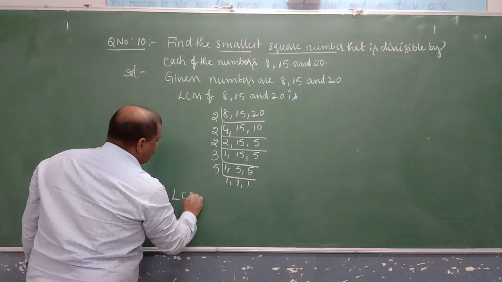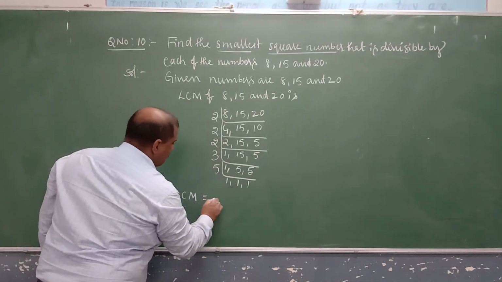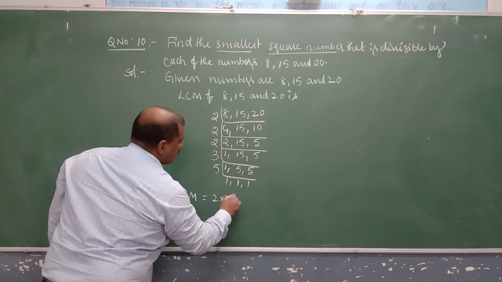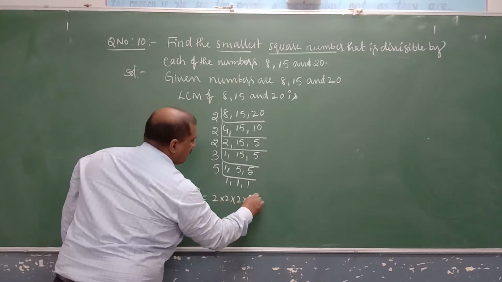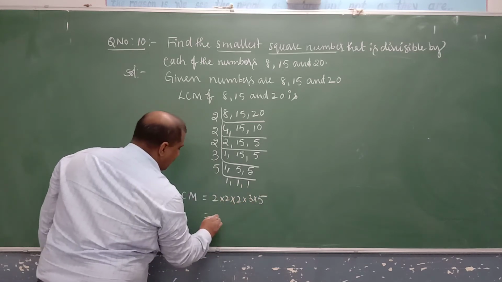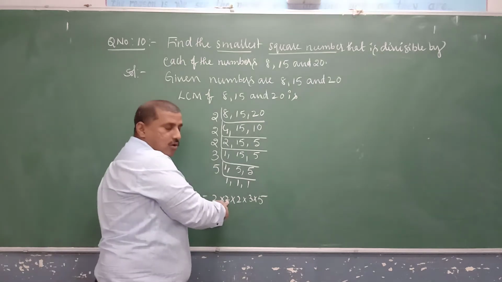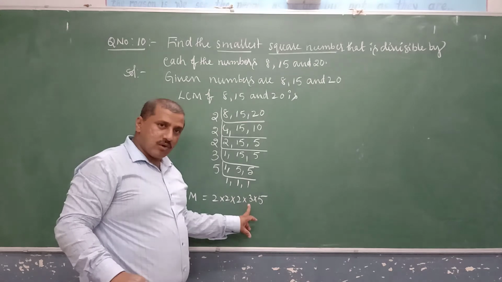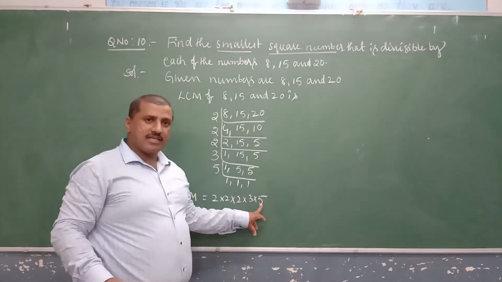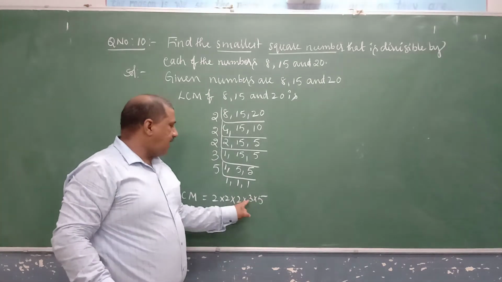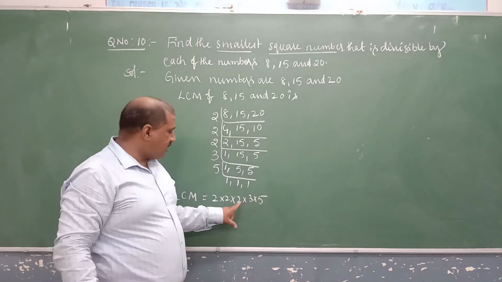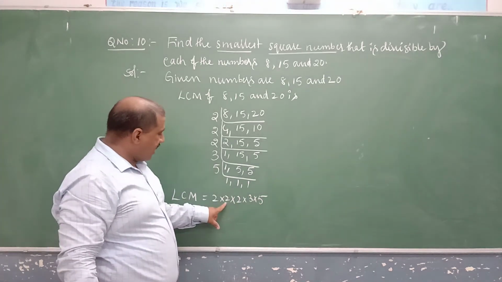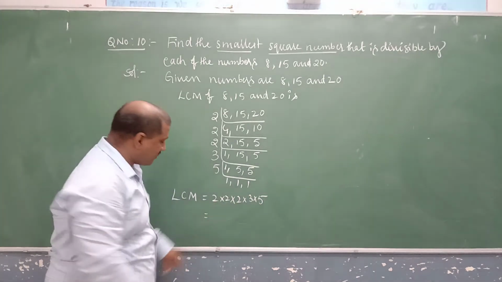Now what is the LCM? LCM is equal to the product of all these prime factors: 2 into 2 into 2 into 3 into 5. So how much we get LCM? It is 2 into 2 is 4, 4 into 2 is 8, 8 into 3 is 24, 24 into 5 it is 120.